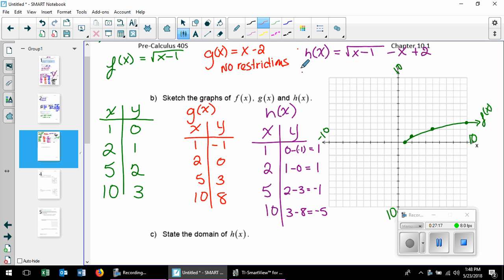Oh, you mean this one? I'm not to h of x yet. You would still connect all those dots because there's points in between. Curved, probably. What's wrong with my radical graph, ladies and gentlemen? There's something wrong with it. Doesn't have the bump. So let's see if I can undo this. Nice. What did I do wrong? I didn't put the bump between 0 and 1, remember?